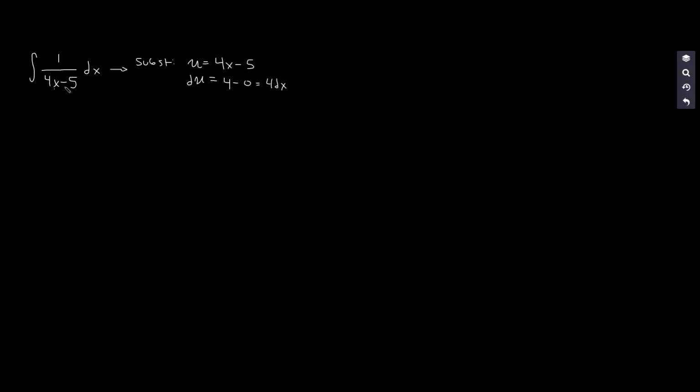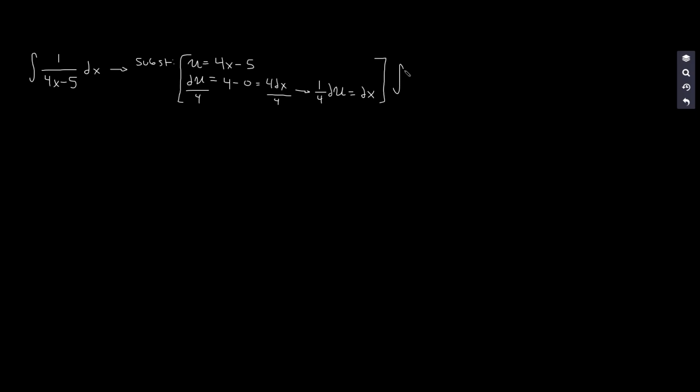But the issue here is there's no 4 dx. There's 4 times x minus 5 quantity, but there's no just 4x. So we'll have to divide both sides by 4, and that's going to give us 1/4 du equals dx. And now the substitution should go a little bit more smoothly. That is, now the substitution is allowed.